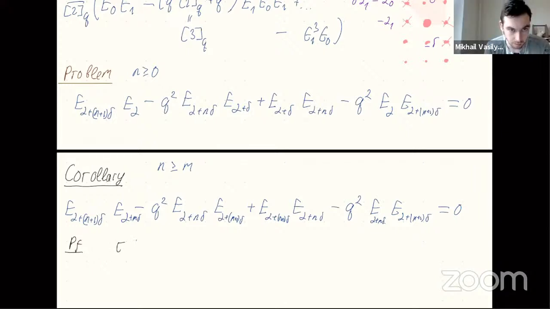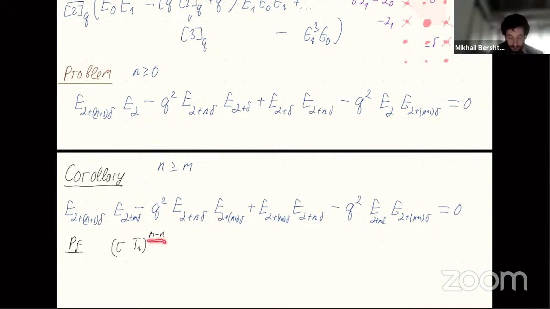This is why n is greater than or equal to m. We apply translation power of m minus n to this relation, to get a similar relation where we have n minus m. This operator just shifts all the indexes by the same number. So we come from the problem to the corollary.